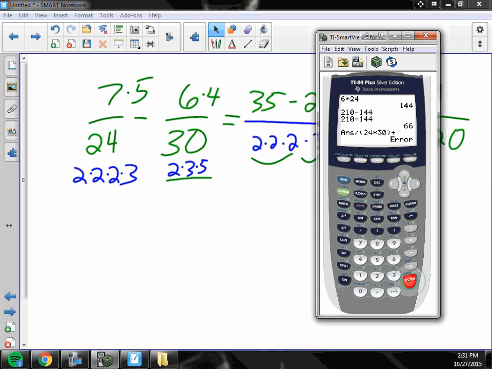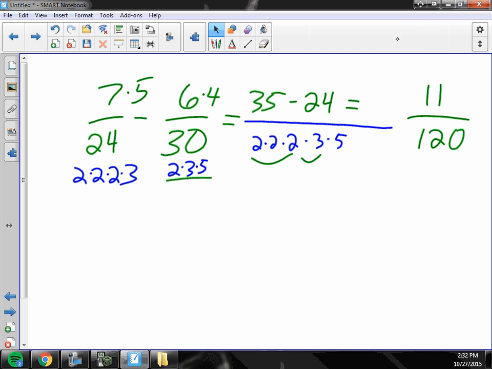Oh, apparently I don't know how to run my calculator. Oh, somewhere I messed up. Oh, it was 66 divided by 720, 24 times 30, which is 11 over 120. So it's going to work either way, but you kind of want to try to do it the smart way.